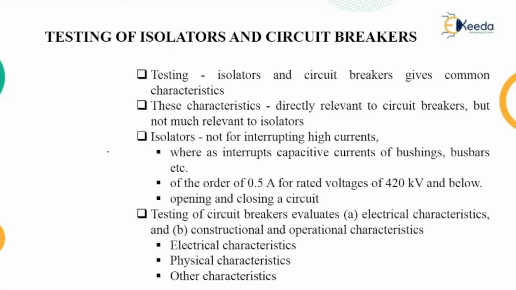If I compare an isolator, which is represented as a switch, maybe a single throw switch or a double throw switch, so if this is the position of opening and this is the position of closing, this is the moment of opening, this is the moment of closing for an isolator.